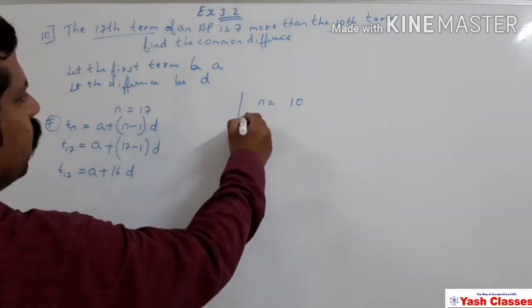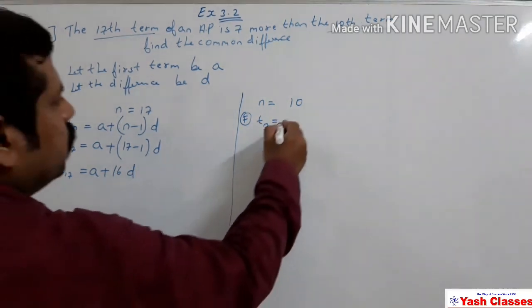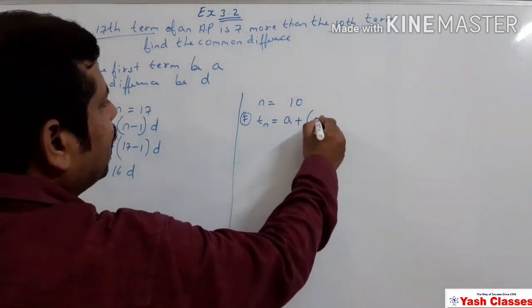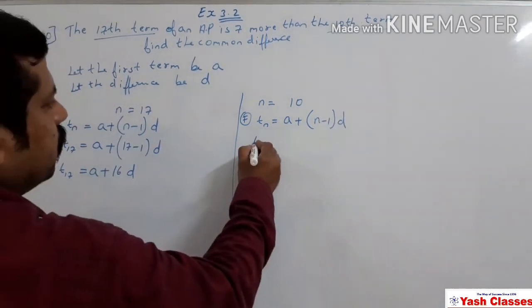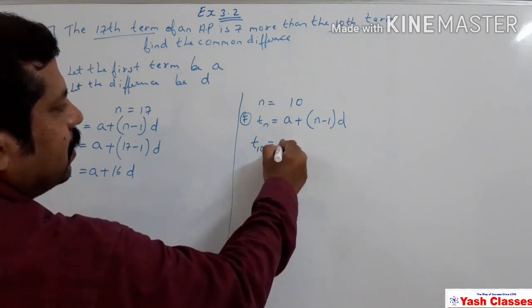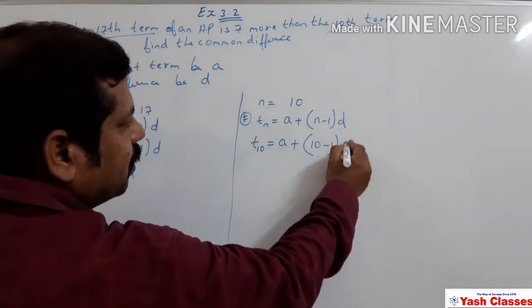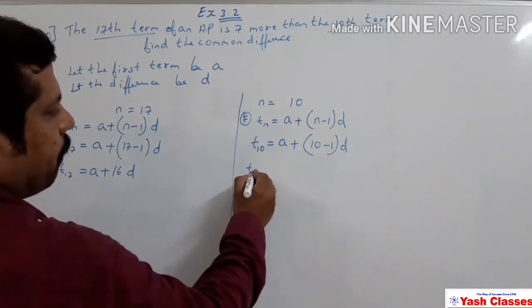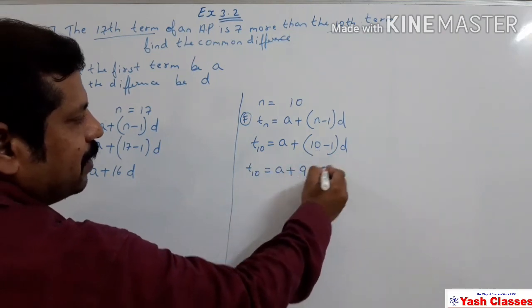Now here same formula. Tn is equal to A plus bracket n minus 1 d. Here n is 10. We don't know Tn. 10 minus 1 d. 10 minus 1 is 9 d.